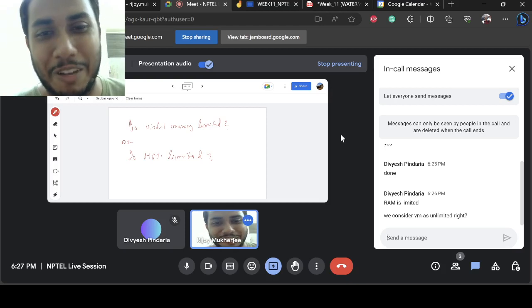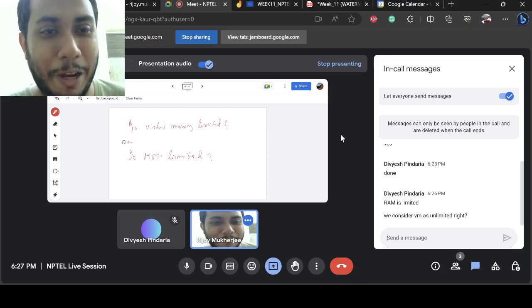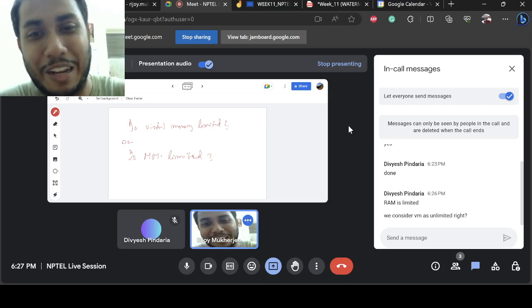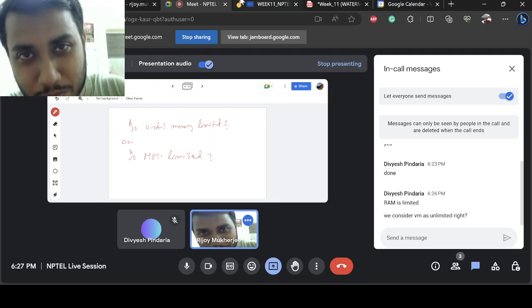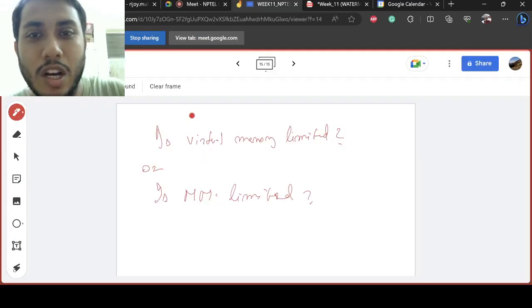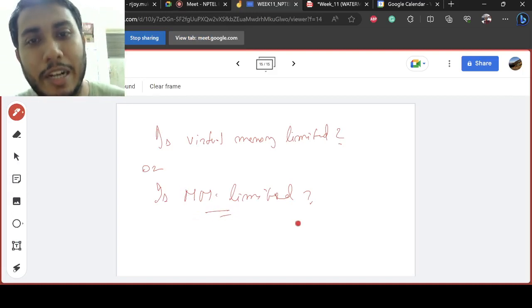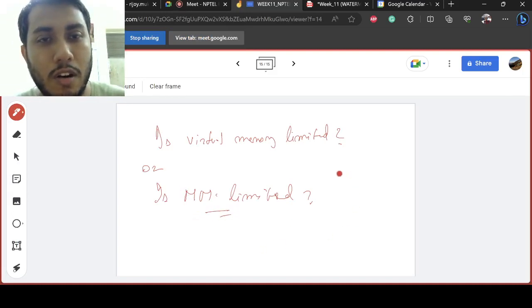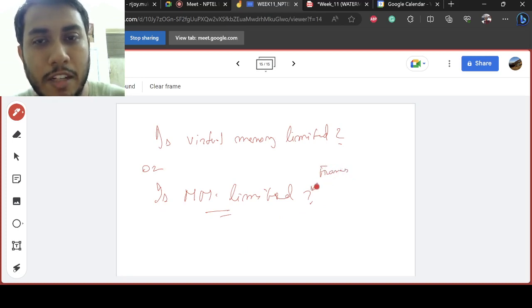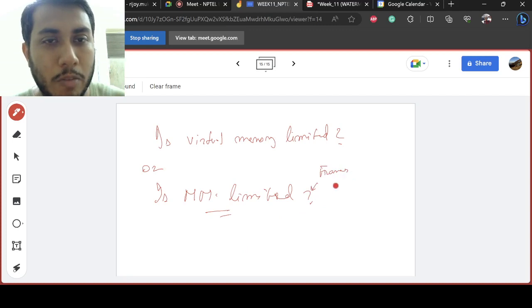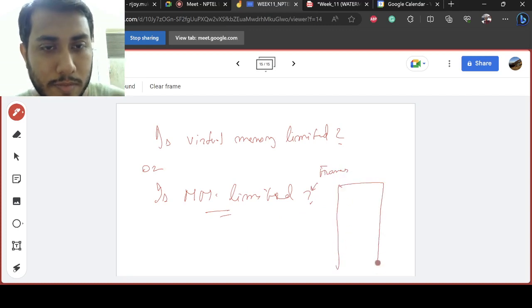So you can consider it not infinite, but a very high limit. As a result, your main memory is limited, right? So what are frames? Frames are typically what we have in your main memory, right?